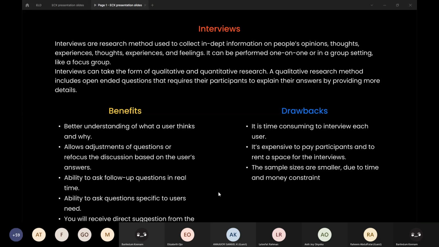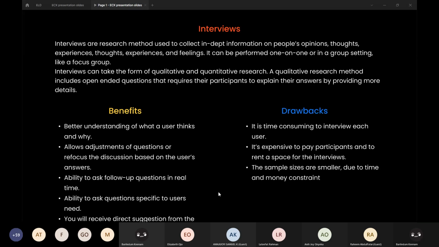Another benefit is that it allows adjustment of questions or refocusing the discussion based on the user's answers. When you're conducting an interview, you are talking to the person one-on-one, so you're able to restructure the question based on the person's response. Also, it gives the ability to ask follow-up questions in real time.